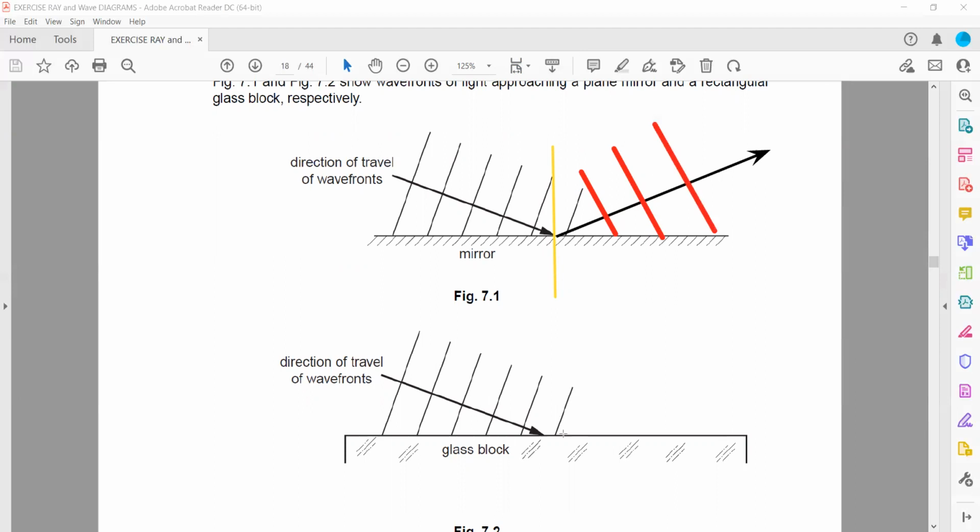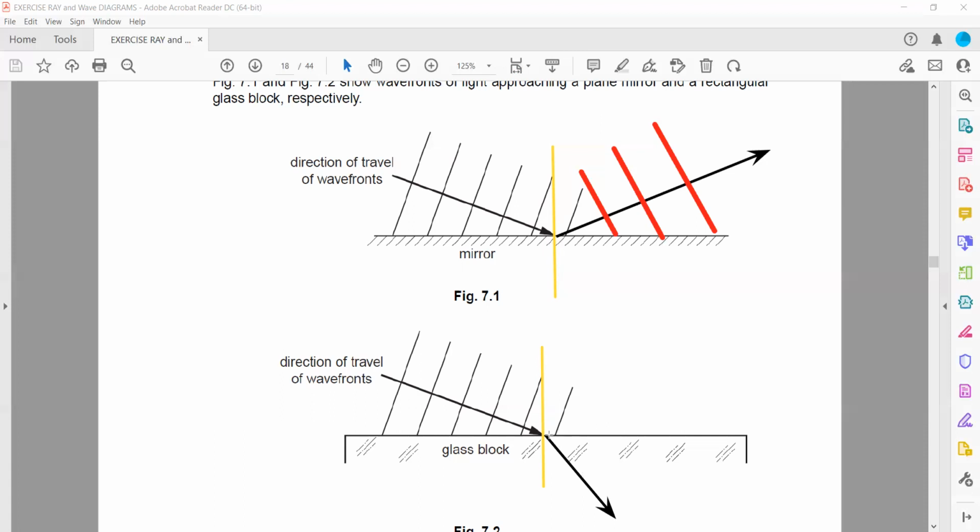But moving from air to glass, the speed of the light decreases. So when we draw the normal, the imaginary line which is perpendicular to the surface, we observe that the speed of the light decreases. And to draw the refracted ray, it bends towards the normal as the speed decreases. To draw the refracted wavefront, we check the direction of the wave.